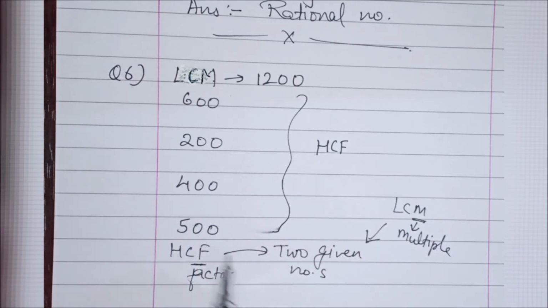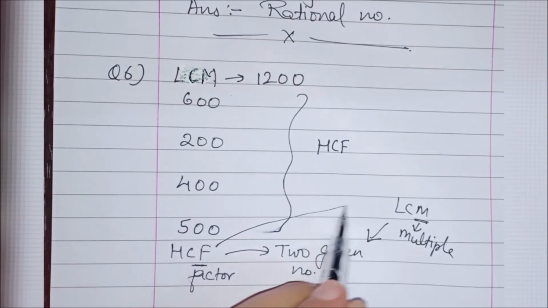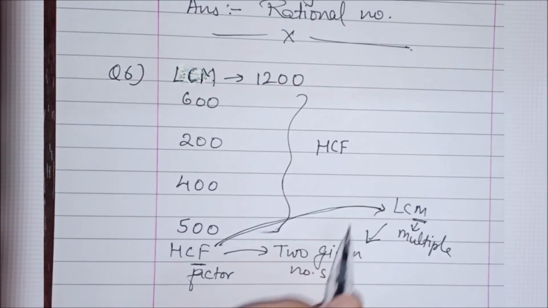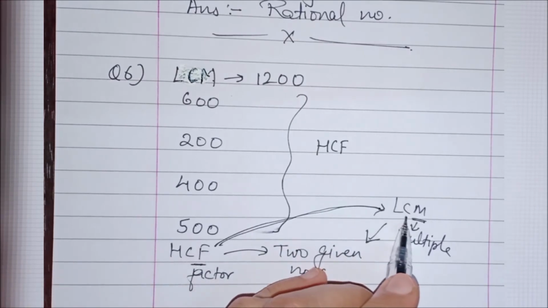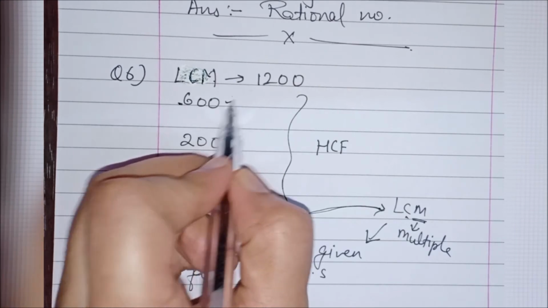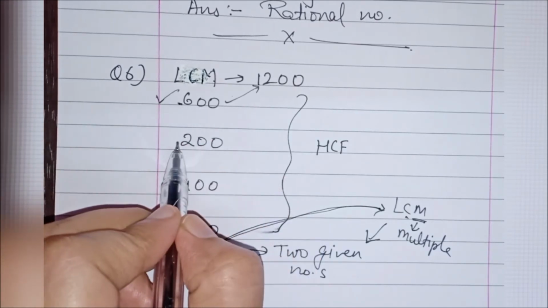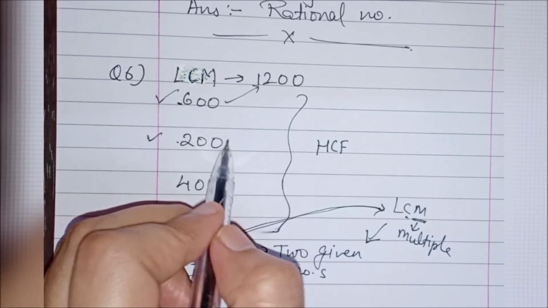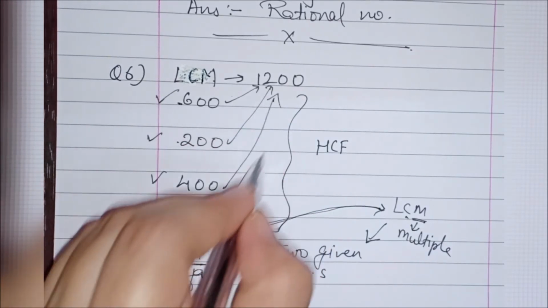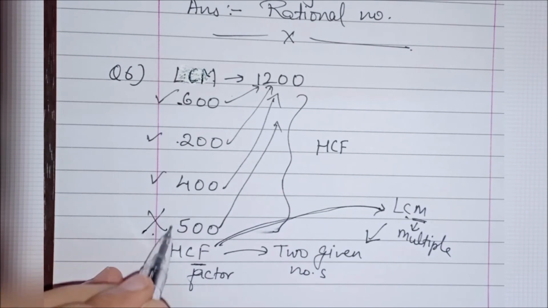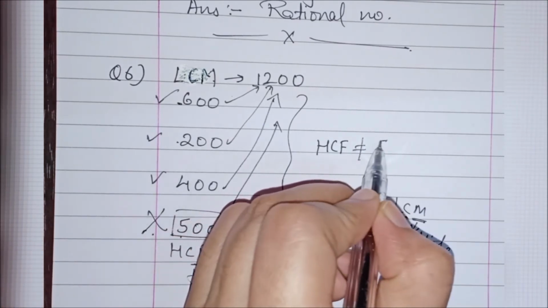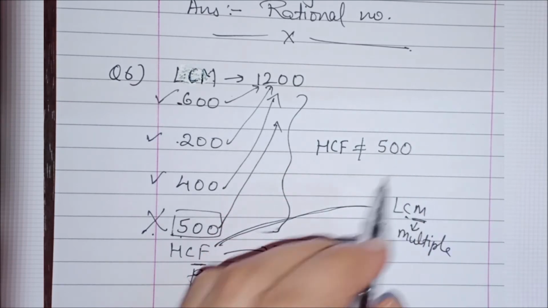So we can say that HCF has to be a factor of LCM, because HCF is a factor of two numbers and those two numbers are factors of LCM. So let's see now, 600 is a factor of 1200, 200 is also a factor of 1200, 400 is also a factor, but 500 is not a factor of the given number 1200. So in this case, HCF should not be 500.